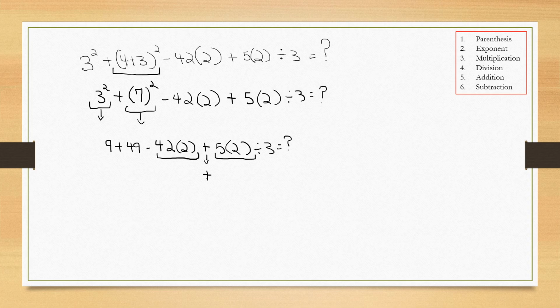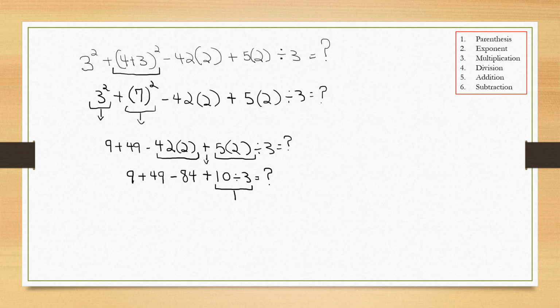So 42 times 2 gives us 84. And 5 times 2 will give us 10. Again, let's rewrite everything going backwards. Plus 9, and then don't forget to divide by 3 over here, the division sign and the 3.